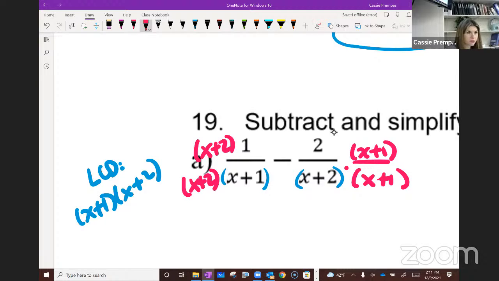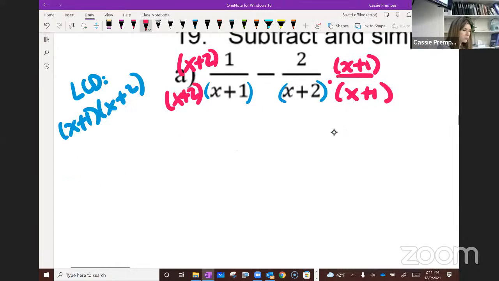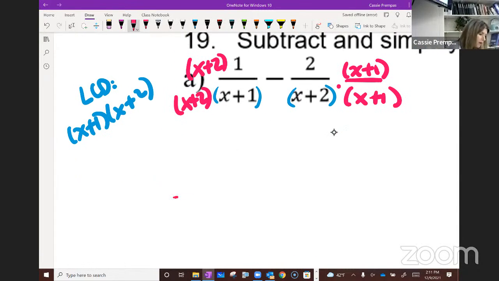So you multiply it by what you need to get to the denominator, or by the denominator? If there's an equal sign, then you're going to multiply by the least common denominator. There's no equal sign here, so I want to get that. Good question.